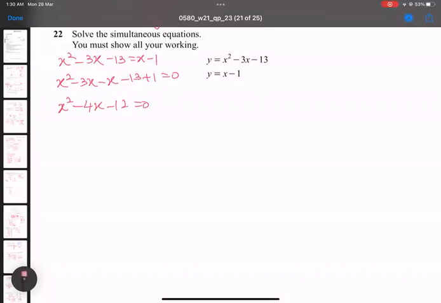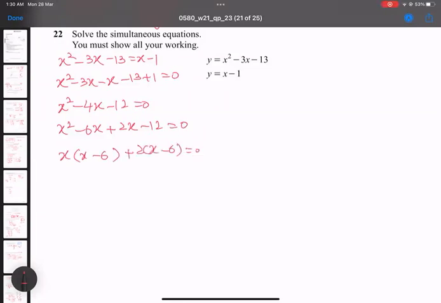12 ones are 12, and I think 6 twos are 12. So it works. Negative 6x plus 2x minus 12 equal to 0. x common, I get x minus 6. 2 common, I get x minus 6.